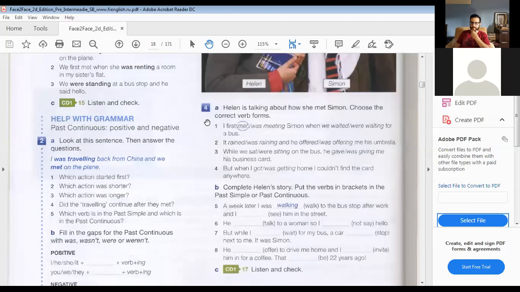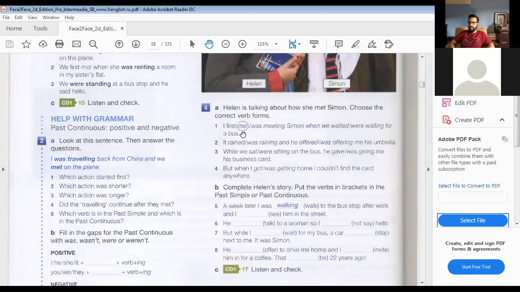Yes, I'm here. I first was meeting Simon when we waited. Meeting. The answer is was meeting. But it's already answered. Do you see the circle? I first met. So they already used the past simple.